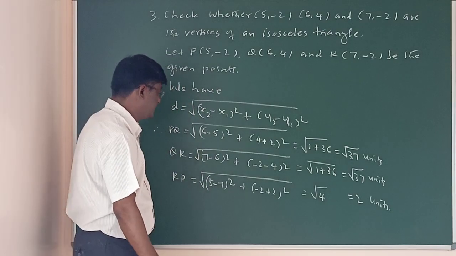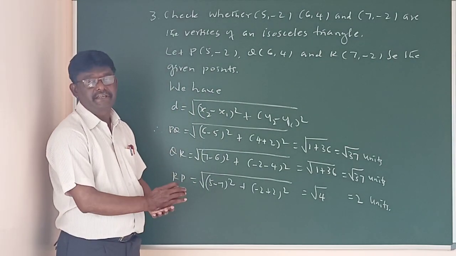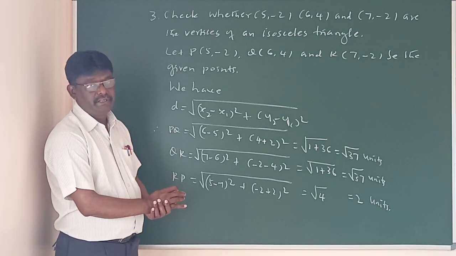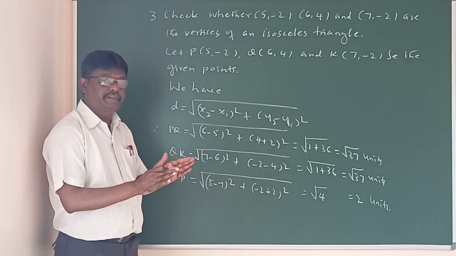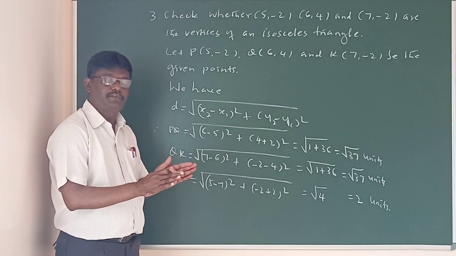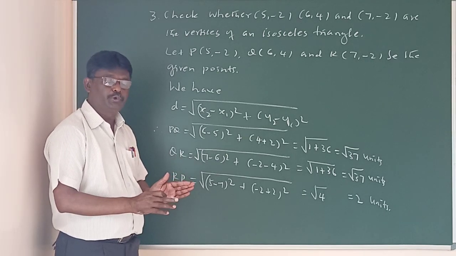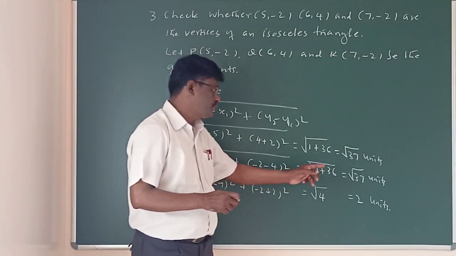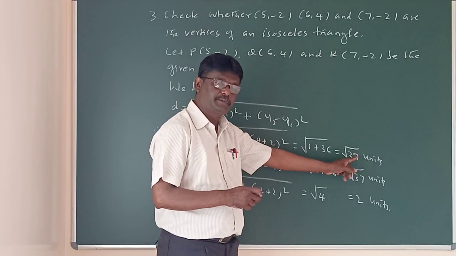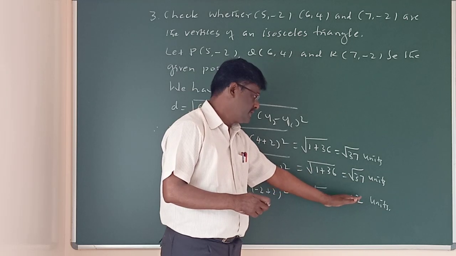Okay, now here, first of all, check whether they can form a triangle or not. When the points are non-collinear only, they will form a triangle. What is the simple condition? The sum of any two sides must be greater than the third side. Just here you see, root 37 means 6 point something, then 2.